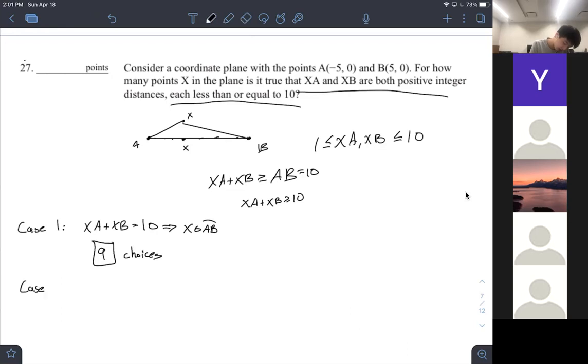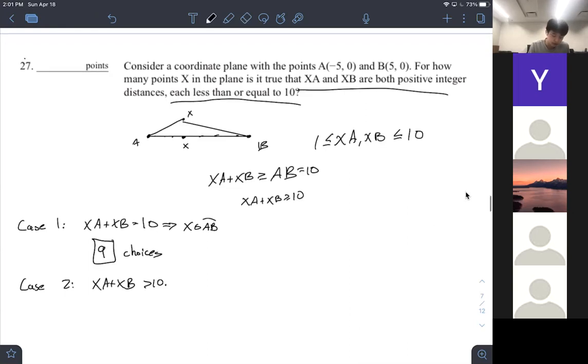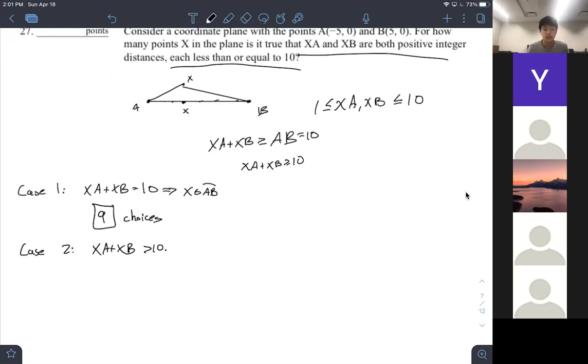What about in case 2, where XA plus XB is greater than 10? Then we can first notice that for these values of XA and XB, X isn't actually uniquely defined. If we have another point over here, call it Y, and we reflect X over AB, we have that AY equals AX and BY equals BX.